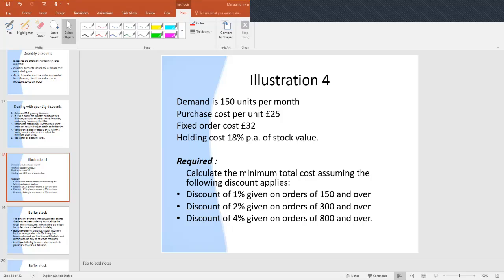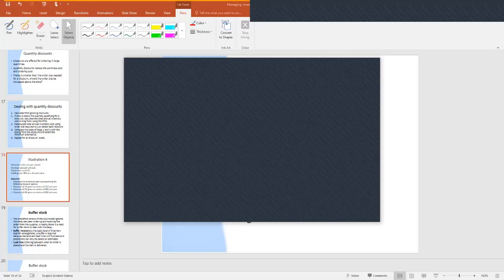So you can analyze this question. Since the supplier is giving discounts, we should now include the purchase cost, because it is no longer fixed but decreases based on the number of units that we purchase.